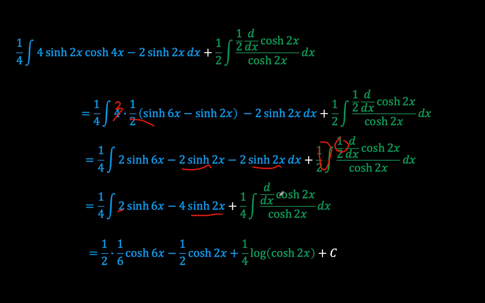Since the numerator here is the derivative of the denominator, this becomes natural logarithm of cos 2x plus the integration constant. Now we can simplify this further, and we say that that is 1 over 12 cosh 6x minus a half cosh 2x plus a quarter natural logarithm of cos 2x plus the integration constant c.